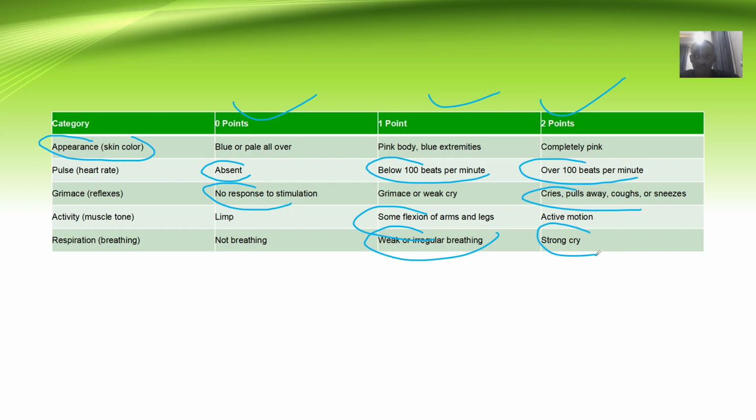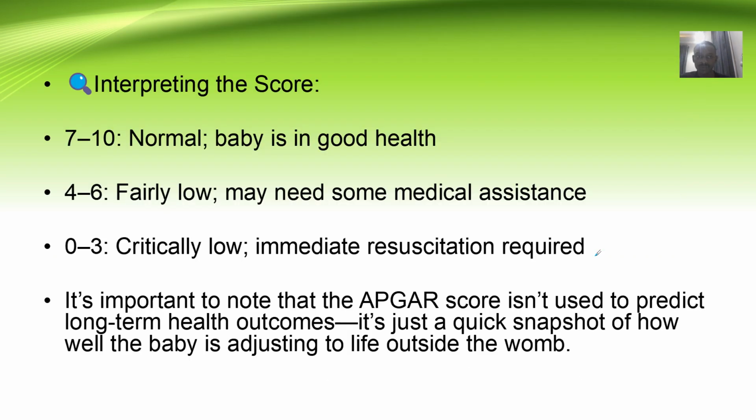So now let's talk about what you do with the score. Interpreting the score, it's just like the baby wrote a test. If the marks of the baby are between 7 to 10, it's a normal baby, he's a brilliant baby. If it's 4 to 6, it's fairly low, you need some medical assistance to take the baby up to that brilliant level.